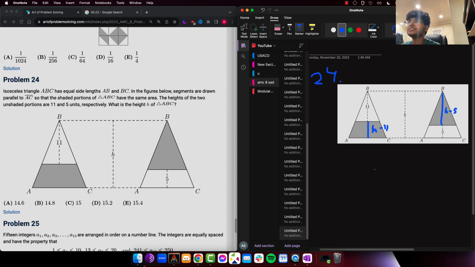Oh, it's isosceles. Okay, that's also useful. I should read the entire thing. A, B, and BC are the same. So all of these things are isosceles actually.